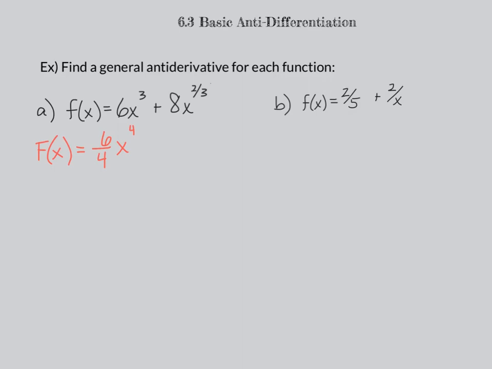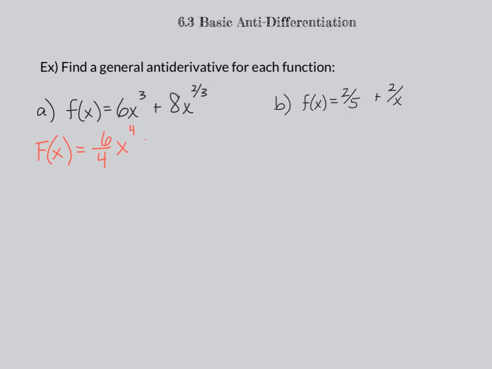Again, make sure that that works. So if you took the derivative of what I'm circling here, you should get 6x cubed. Take the derivative using the power rule. You bring the 4 out front, the 4's cancel, you're left with 6x to the 3rd. Cool. Yes, we'll simplify this in the next line.